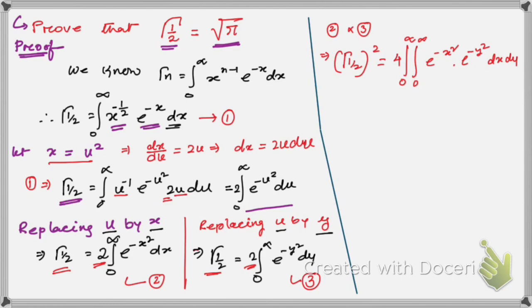That is what you will get, right? So this can be written as gamma half whole square equals 4 integration from 0 to infinity e to the power minus x square plus y square, using the laws of indexes, dx dy.